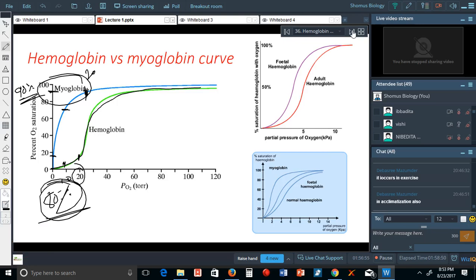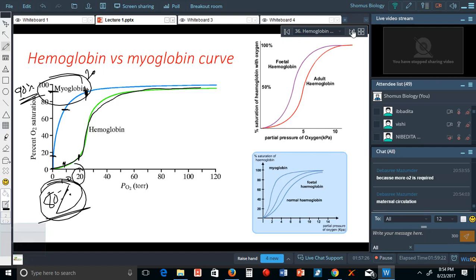Why is it necessary? Because the fetus is not going to get oxygen all the time. It takes some time for the oxygen to reach there, because the oxygen supply is transported by the blood from the mother. So during that time period, they need to survive. If there is any delay in oxygen supply from the mother to the fetus, they need to utilize this capability of holding on to the oxygen for a long duration for survival.